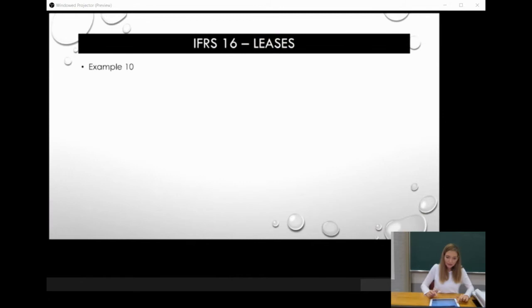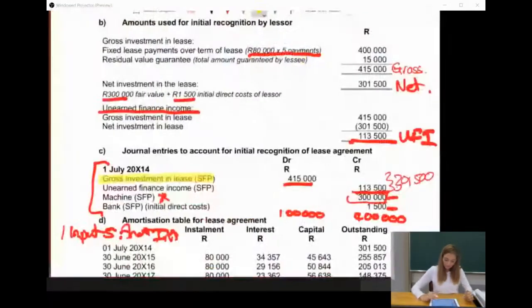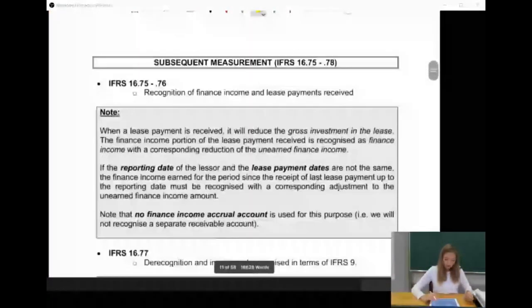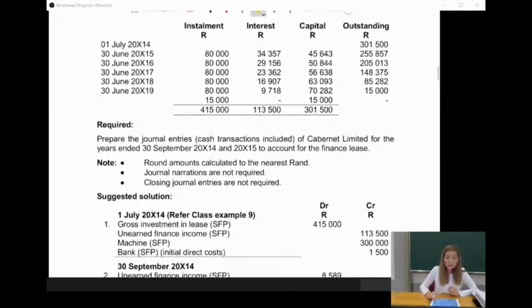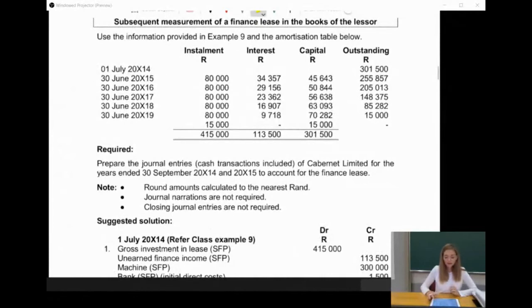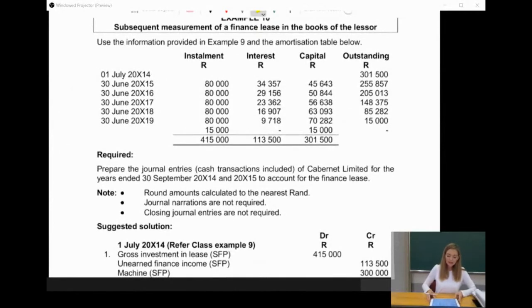Okay, so in example 10, let's quickly go to example 10. In example 10, we use the same information as in example 9, and now we do the subsequent recognition, subsequent measurement.